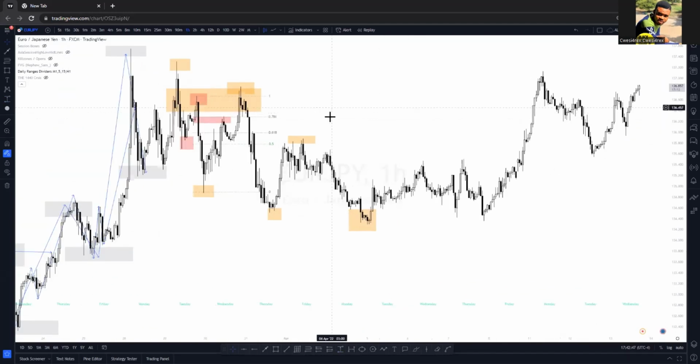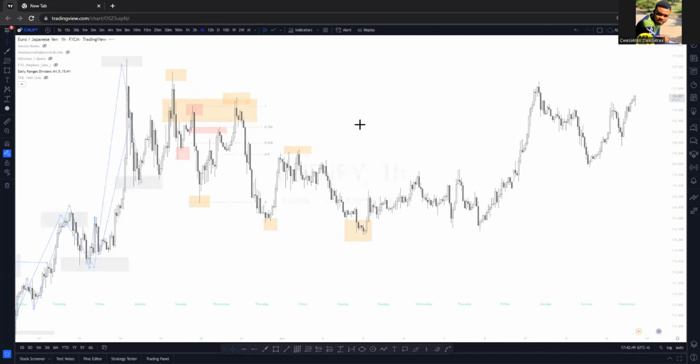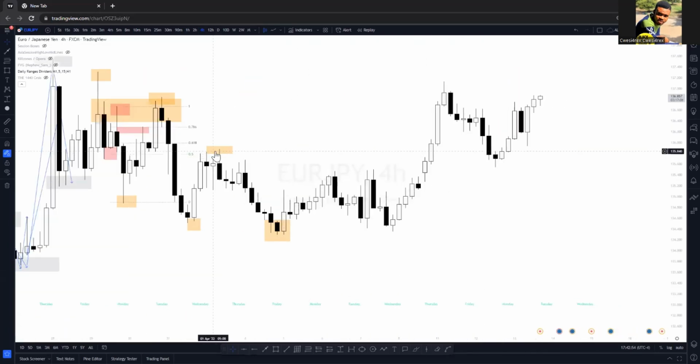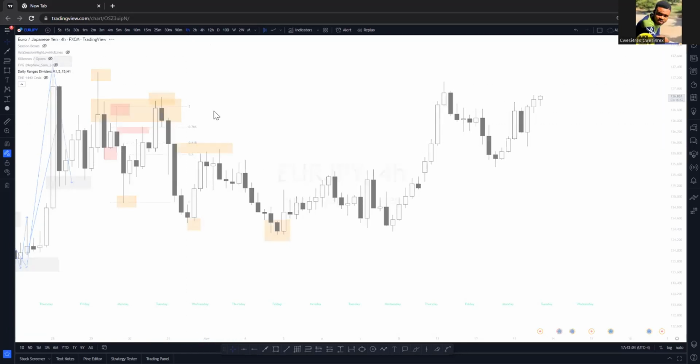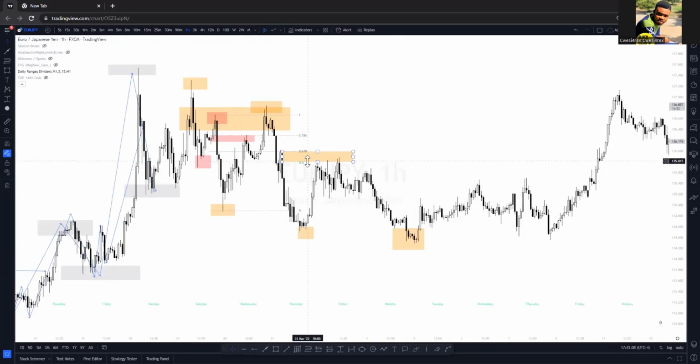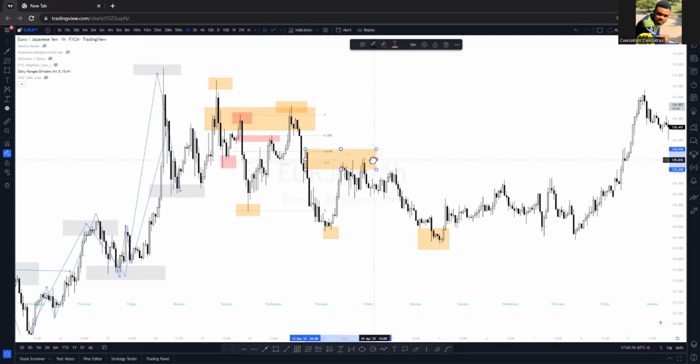Same thing also over here. Price is past equilibrium, so we have our point of interest over here. You check the H1 also. You can see we have a point of interest above the equilibrium price, which is a nice one.